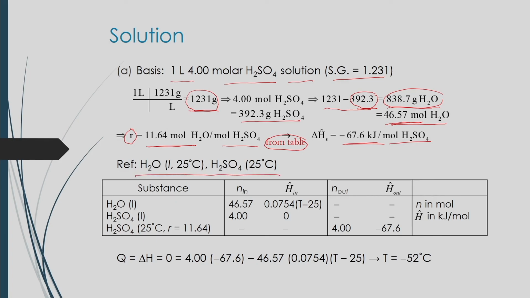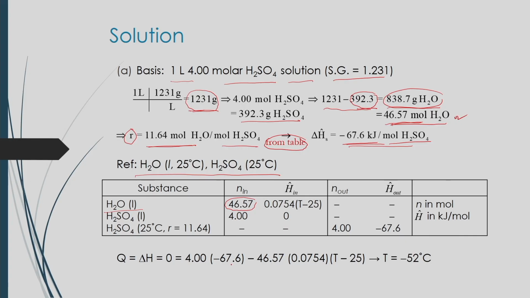As per the reference, it is given for water and sulfuric acid, based on which the heat of solution can be calculated. Now, if you consider that in the solution only water is a liquid substance, then the amount of water coming into the system is 46.57 mole, as we have calculated here.